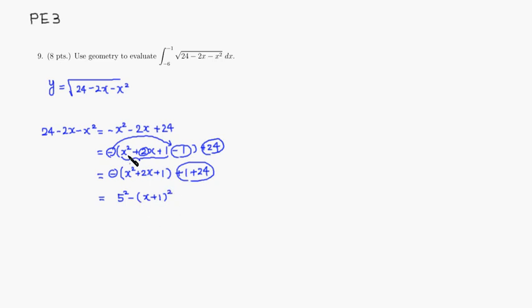So the graph we are looking for is the same thing as the square root of 5 squared minus quantity x plus 1 squared. You can see that this is a semicircle of radius 5, and this is just a horizontal shift to the left by 1 unit. So it's going to look like this.